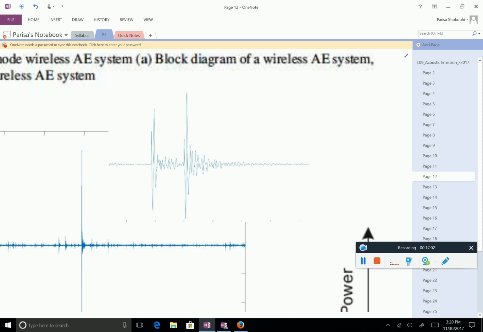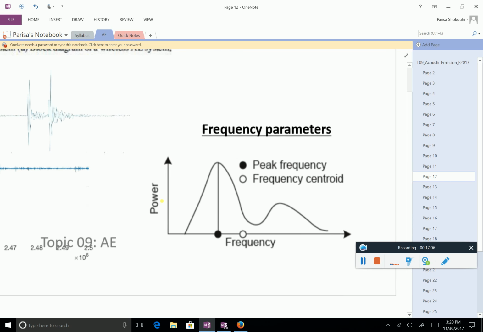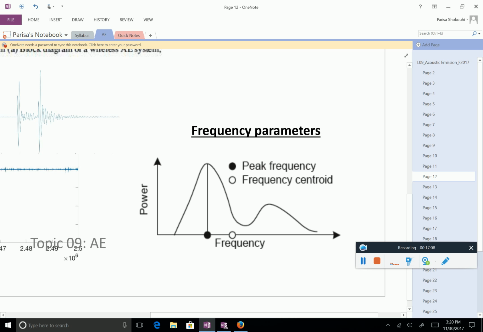Also, this is still challenging to do. One benefit of having the whole waveform is that you can also look at the frequency content. Because before, when you only had those counts, most of the frequency information would be lost. But now, this is not the case.